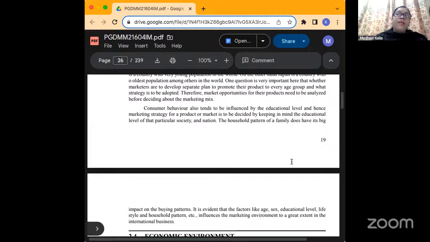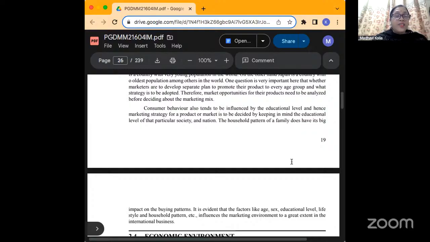For example, if we were to take a car like Thar Roxx, primarily when we talked of Thar in the initial stages, it was always a car which was meant for people who preferred off-roading, people who wanted to go for adventure road trips. But today, Thar Roxx, the same car with a more number of features, is being offered as a family car.